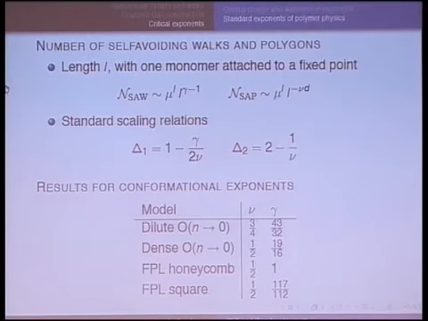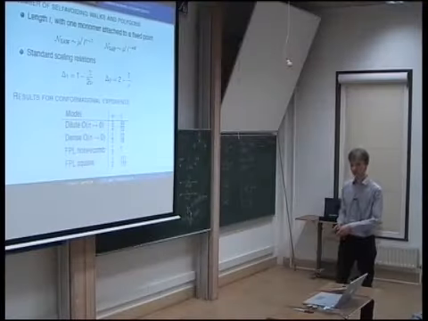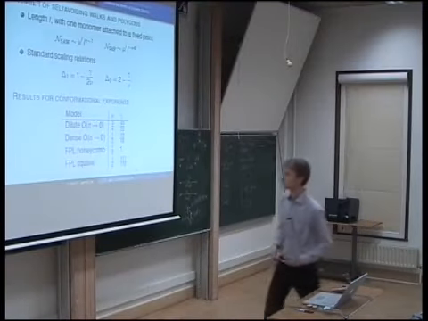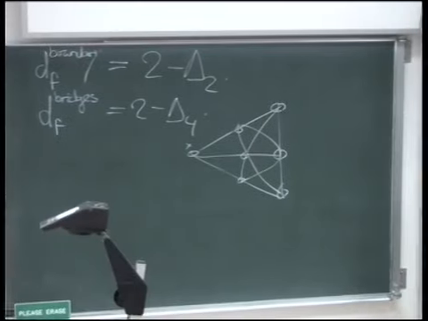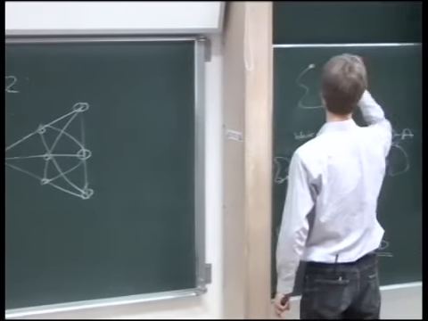And so you can actually convince yourself that gamma minus 1 tells you something. So you have a walk with two endpoints.